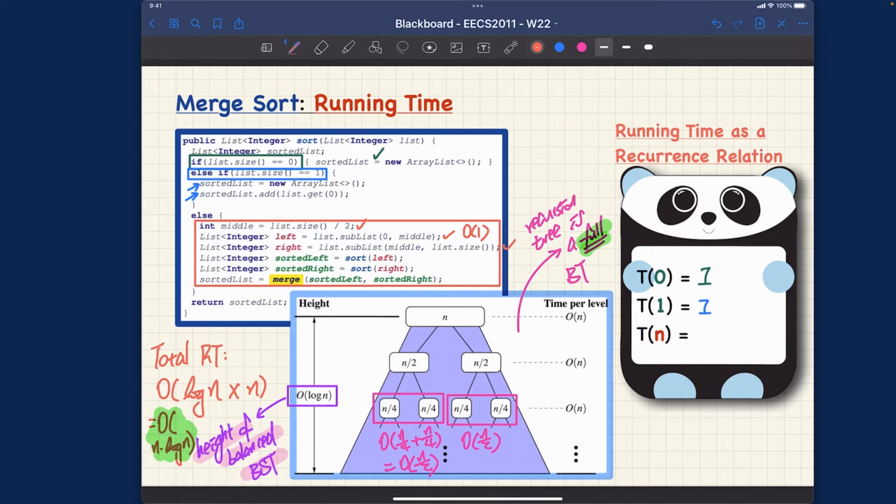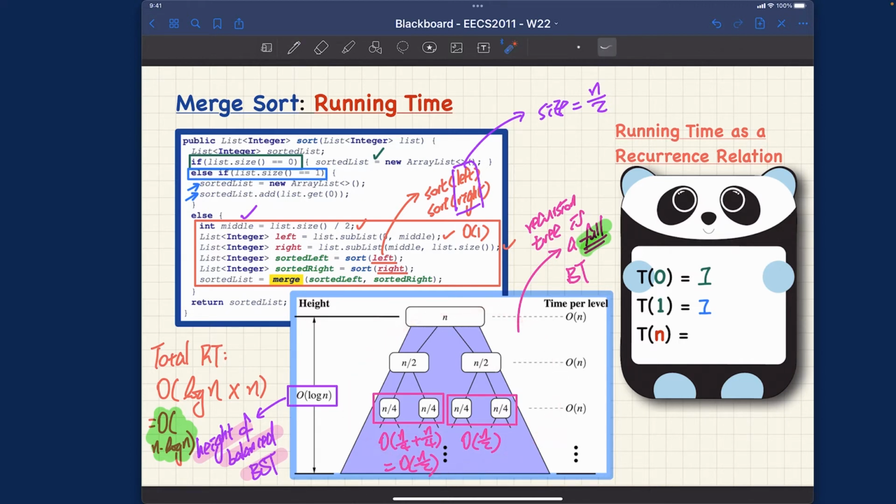You can see the left over here and also the right over here. What are their sizes? You're really trying to sort the left and also sort the right. Based on the calculation for the middle, the size is equal to n over 2, as we could see in the recursion tree diagram.